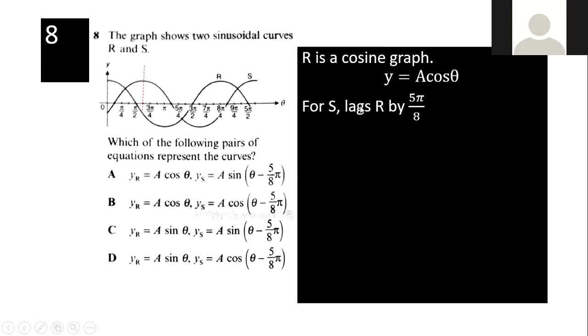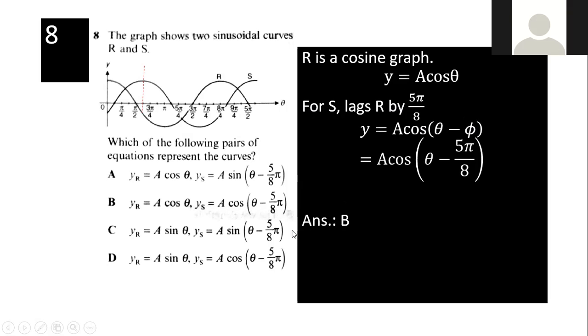Right? So S lags R by pi over 8. Or you shift by pi over 8. So you just put a negative there. That's the standard equation. That's your shift. The shift is pi over 8. Right? So answer is B. Okay or not?